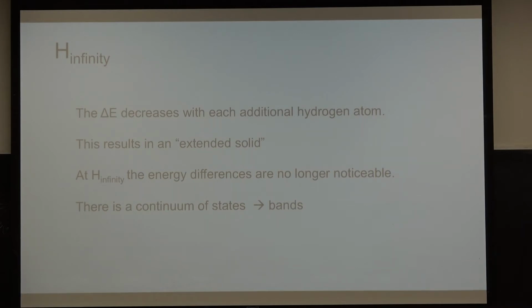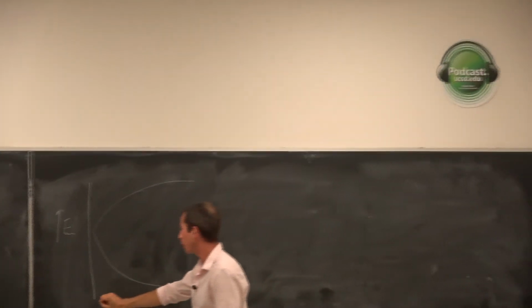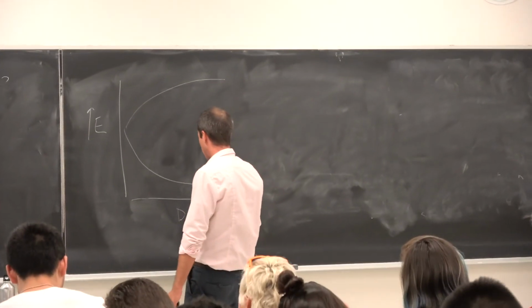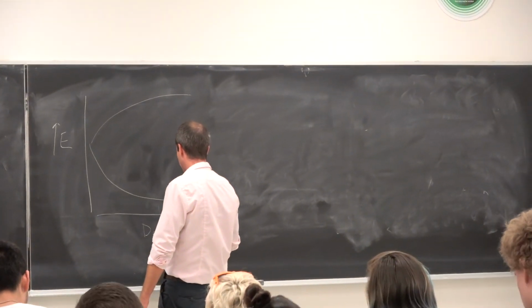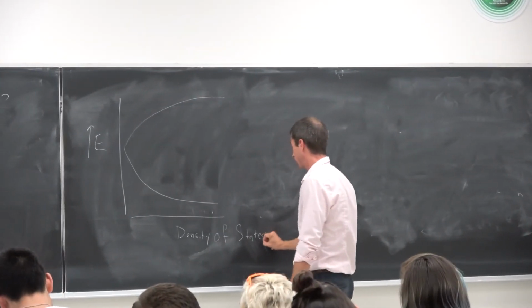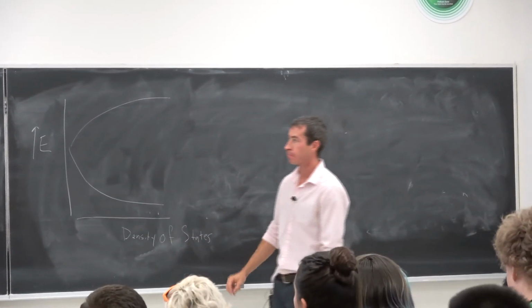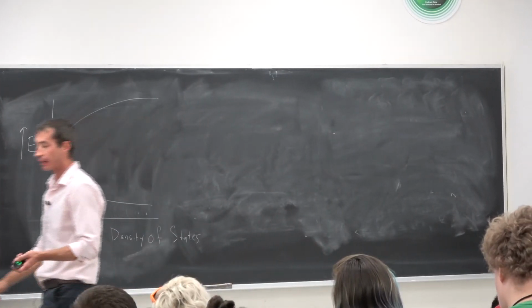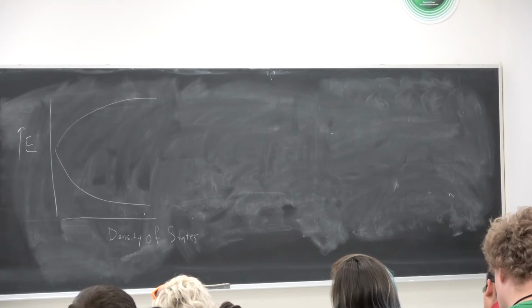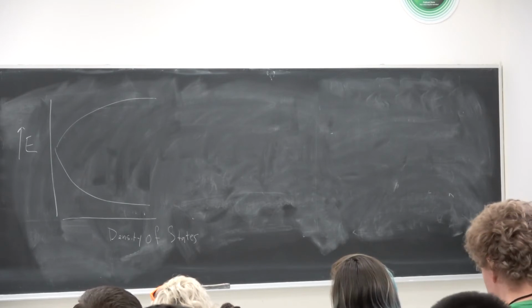So then what this starts to look like is something like this. And what people call this is the density of states, where the number of states are these bands, or these energy levels.